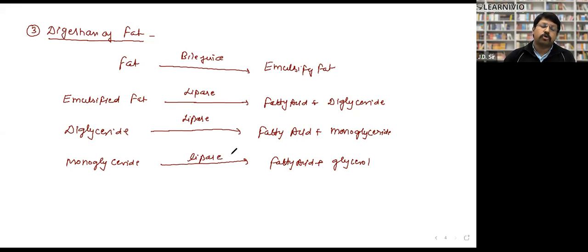So digestion of fat takes place only in our small intestine, right? It does not take place in our stomach. That's why fatty things get digested over a longer duration. Note it down.